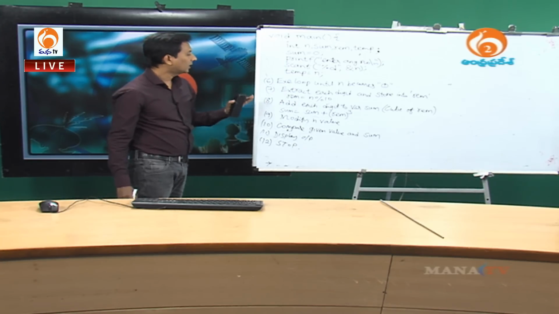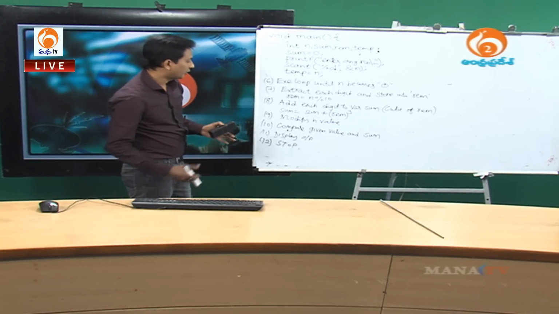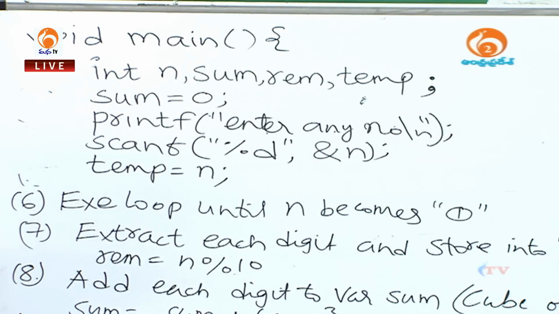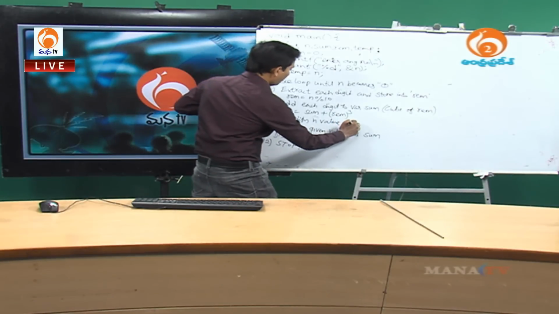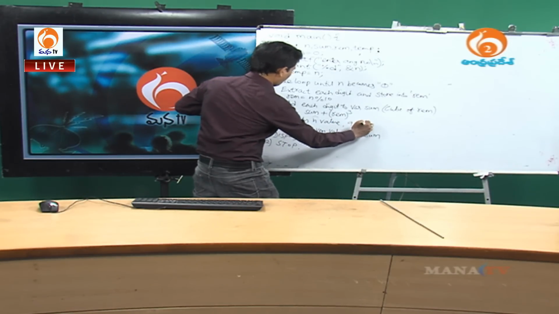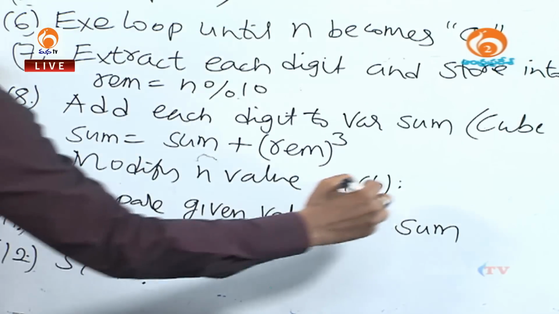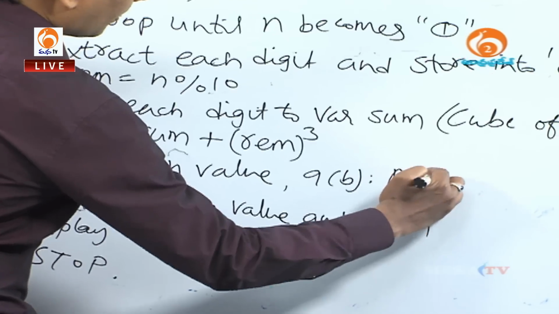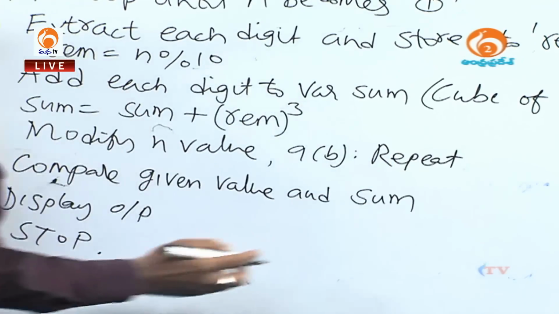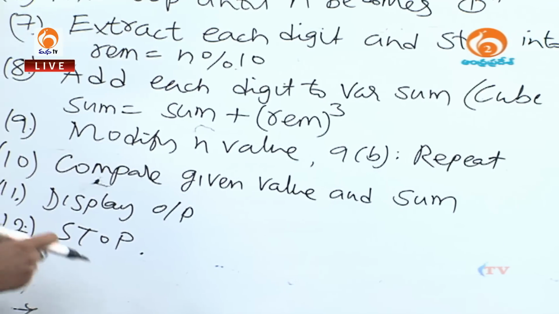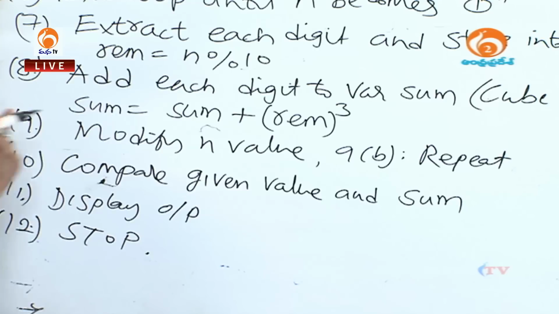Here I forgot to write one statement, that is step 9b: repeat 6 to 9.